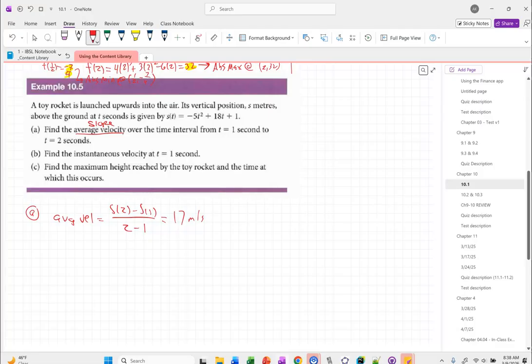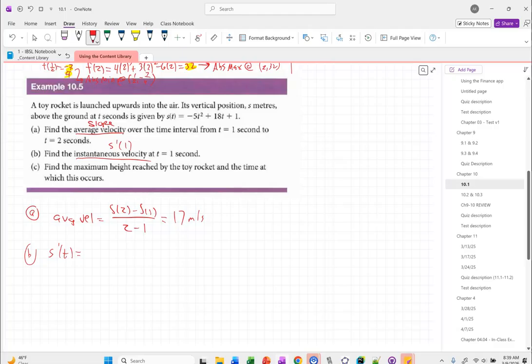Are you okay there? Part B says to find the instantaneous velocity at t equals 1 second. When I see instantaneous, I think derivative. So I just need s prime of 1. Let's start by calculating s prime in general.